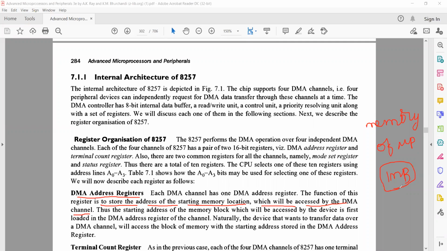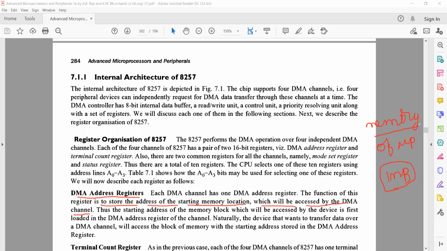And this particular address register holds the starting address of that particular location in the memory of the microprocessor, where we have to write or read.